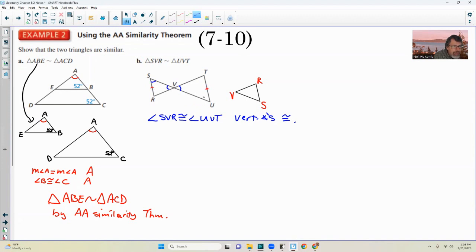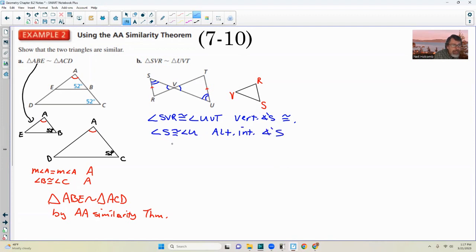So I could say angle S is congruent to angle U. Let me put two markers there because they're not congruent to these. Angle S is congruent to angle U because they're alternate interior angles. These two lines are parallel and the SU is a transversal. So then I could say angle S is congruent to angle U by alternate interior angles theorem.